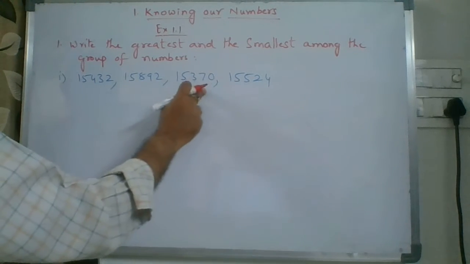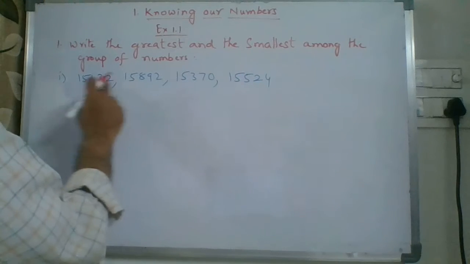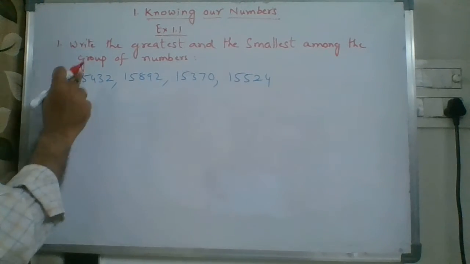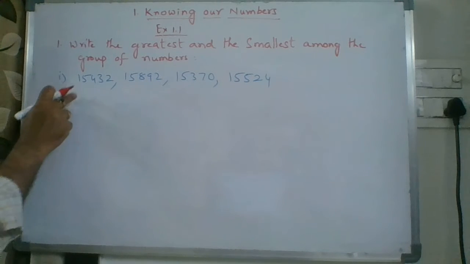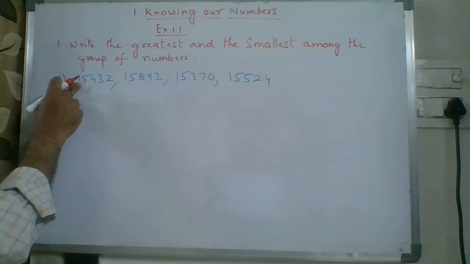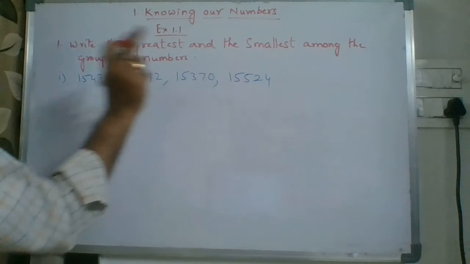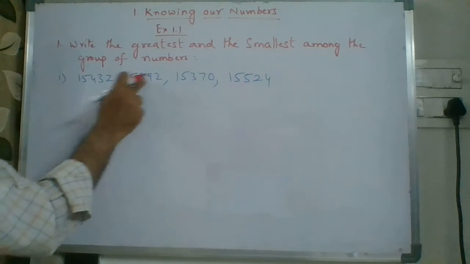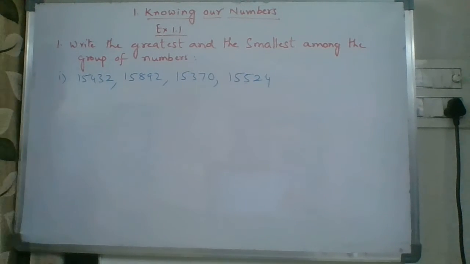All these 4 numbers have 5 digits, so we have to compare their place values. Now this digit is in the 10,000's place. In the 10,000's place it is 1, 1, 1 and also 1 here. When we go to the thousands place, it is 5 in each number, isn't it?